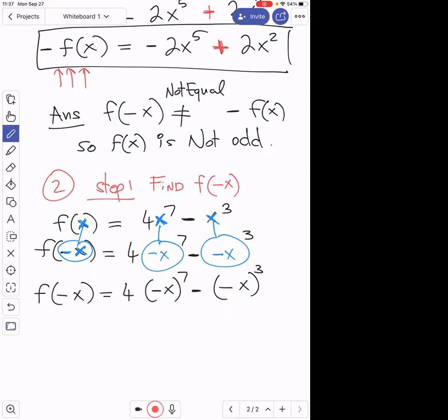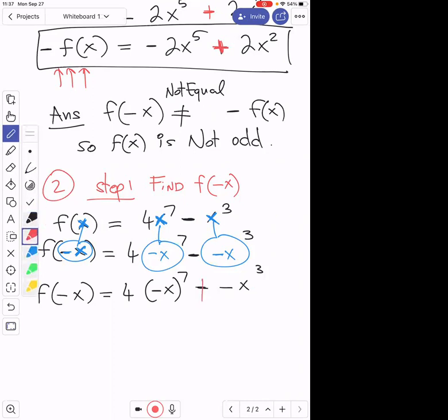If I didn't have parentheses right here, you'd have a minus, and that would just be a plus.